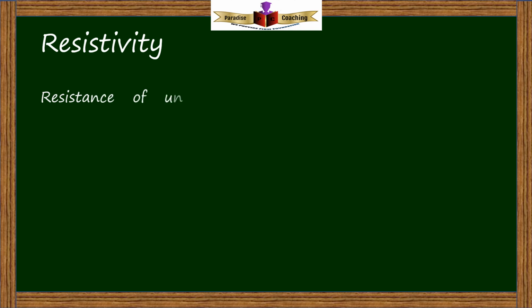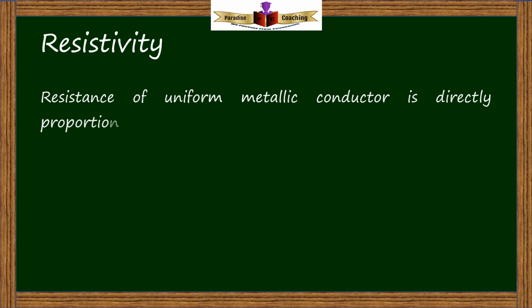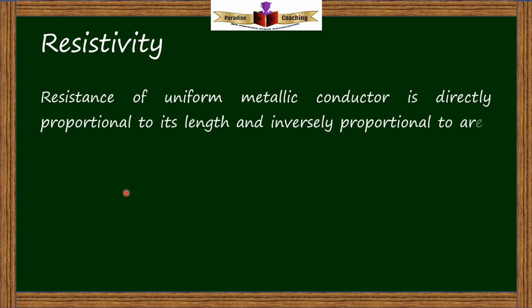So just now we have seen that resistance basically is a constant in Ohm's law, and the unit for measuring this resistance is ohms. Now the resistance of any metallic conductor is directly proportional to the length of the conductor, and it is inversely proportional to the area of cross section.